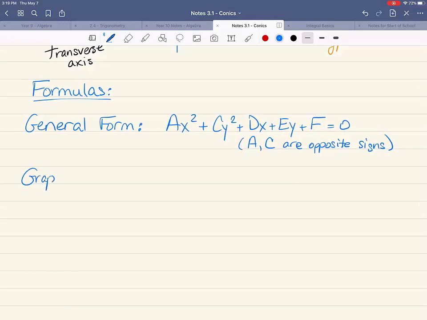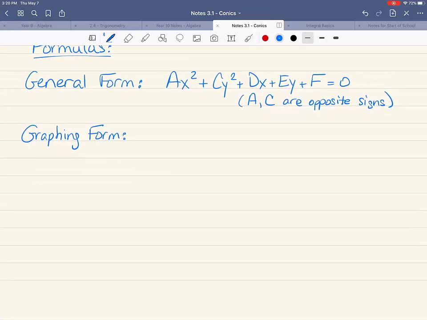Now, the graphing form. And just like the ellipse, there are two graphing forms based on whether the vertices are horizontal or if they are vertical. The equation is almost completely the same as the ellipse. So as soon as we're done writing them down, we're going to take a moment and talk about how similar they are and what the similarities and what the differences are.